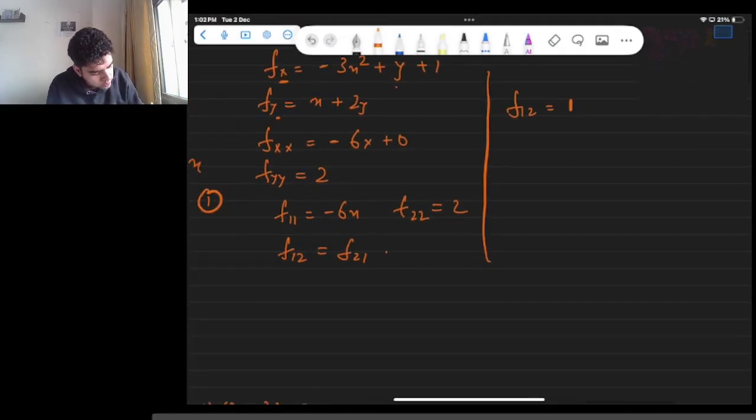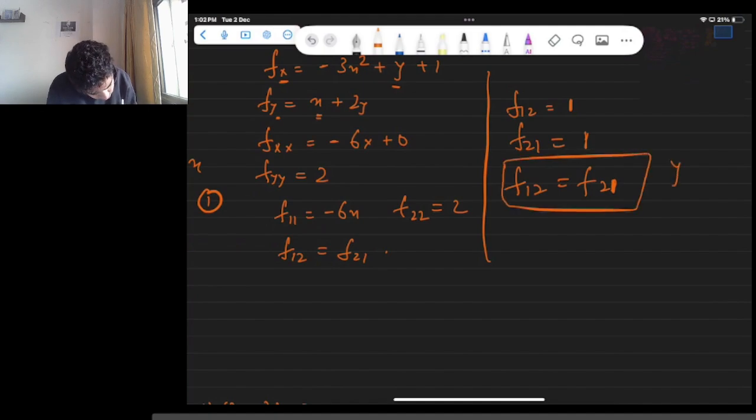This will give me 1 because only one term of y is here, and f21 will give me 1 because only one term of x is here. So I'll be getting 1. Basically f12 is equal to f21, which is always true using Young's theorem. You can read more about this theorem in the previous chapters, Young's theorem, right?